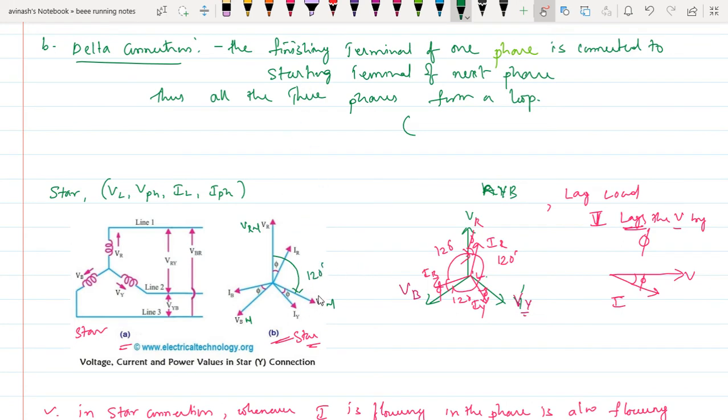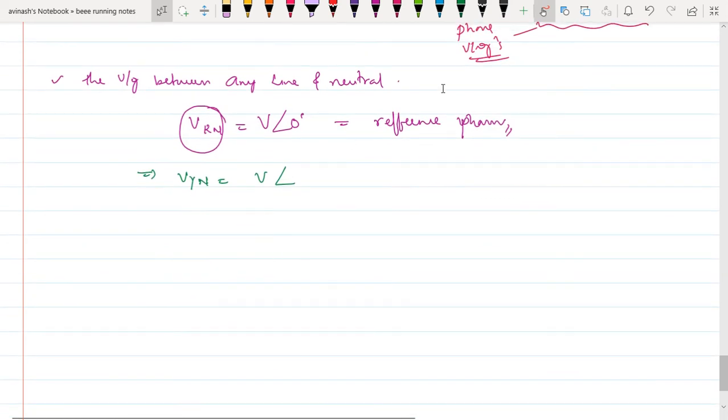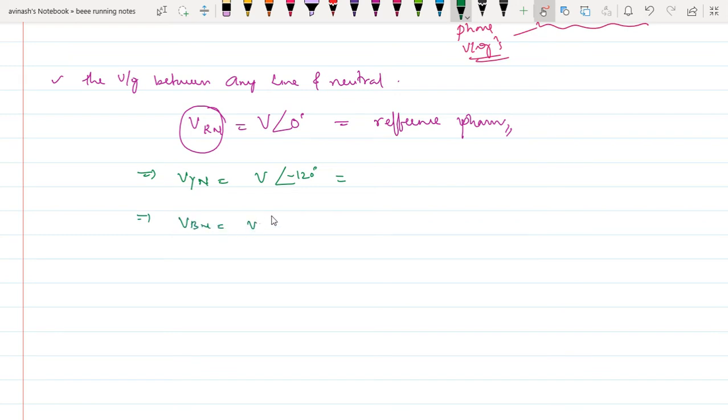Is it plus or minus? Minus 120. So VYN is equal to V at an angle of minus 120 degrees. In the same way, VBN is V at an angle of minus 240, or plus 120. We can write minus 240 degrees.